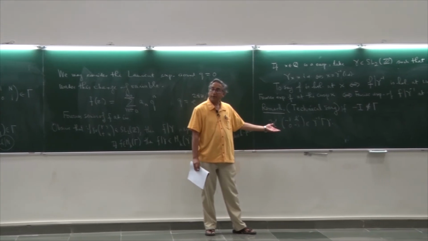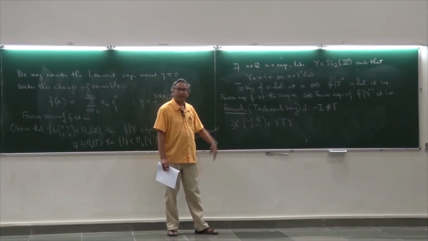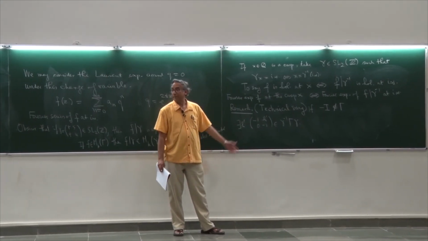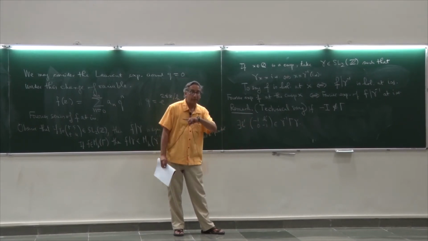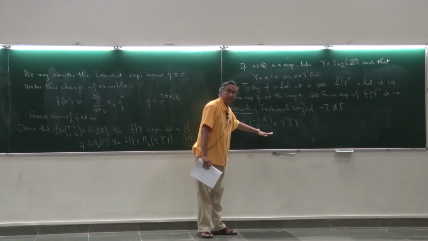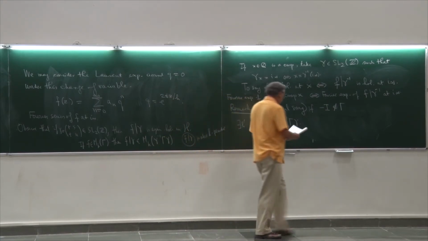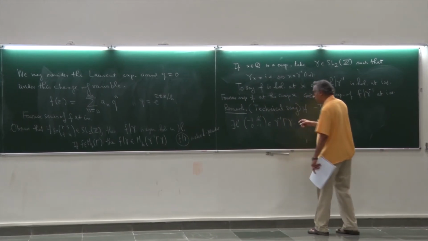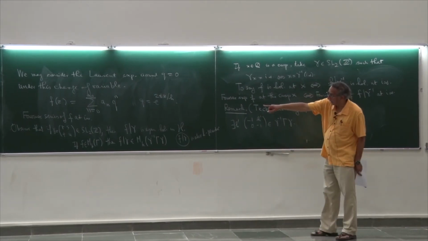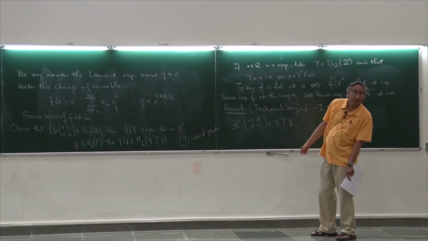And if you look at the modularity relation, that means that f of z plus h prime is equal to f of z. So there's a periodicity which is smaller. It's not the full period, right? So this can happen, and therefore the Q expansion should not be with respect to e to the 2 pi i z over h, but rather e to the 2 pi i z over h prime.